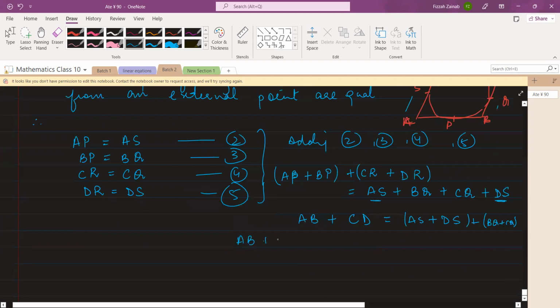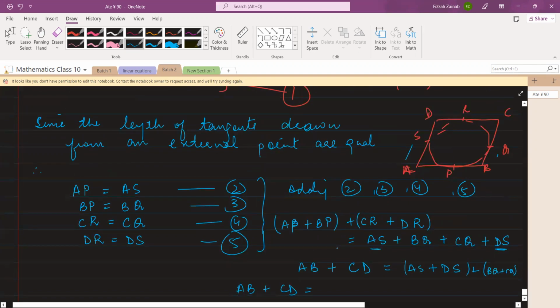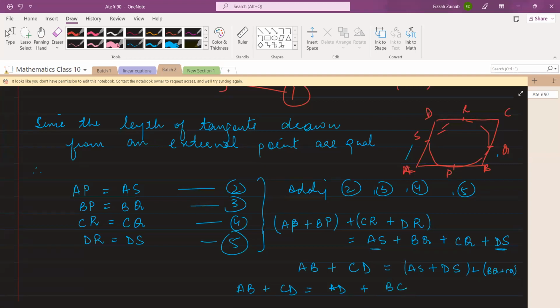So AB plus CD equals AS plus DS, which becomes AD, and BQ plus CQ becomes BC.